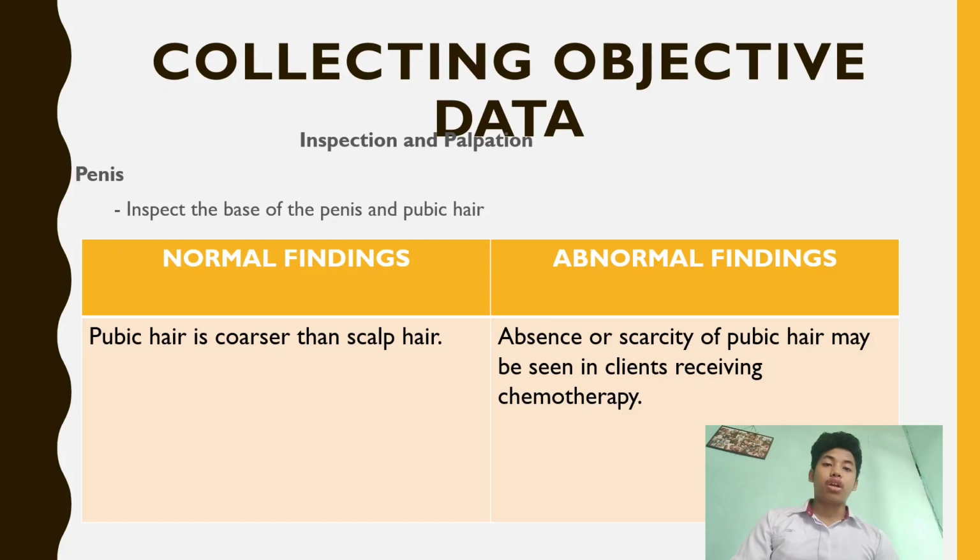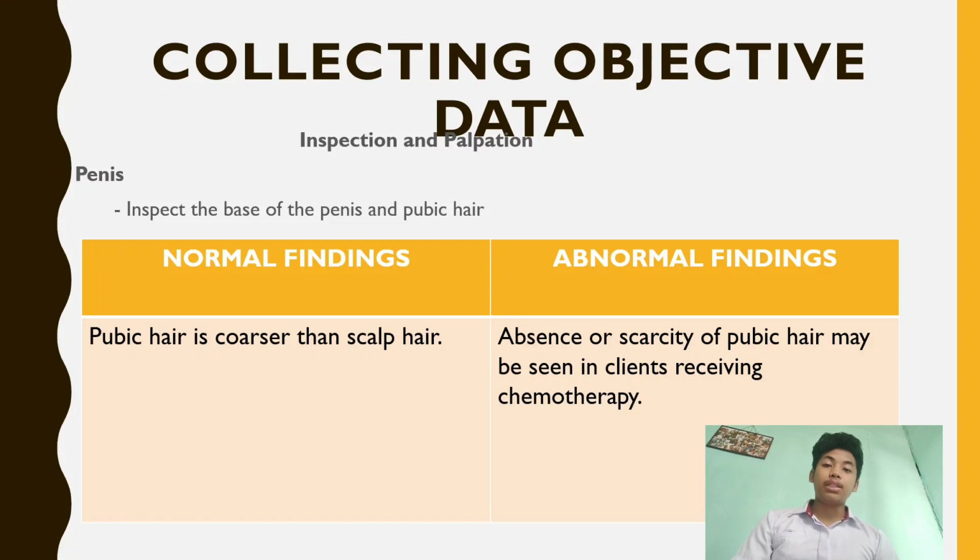Note the pubic hair growth pattern and any excoriation, erythema, or infestation at the base of the penis and within the pubic hair. For the normal findings, pubic hair is coarser than the scalp hair. The normal pubic hair pattern in adults is hair covering the entire groin area, extending to the medial thighs and up the abdomen towards the umbilicus.